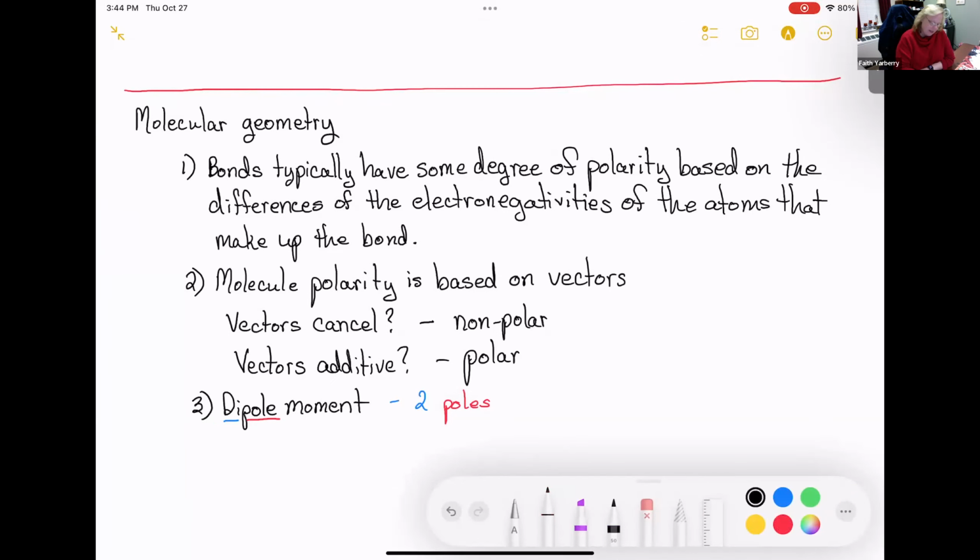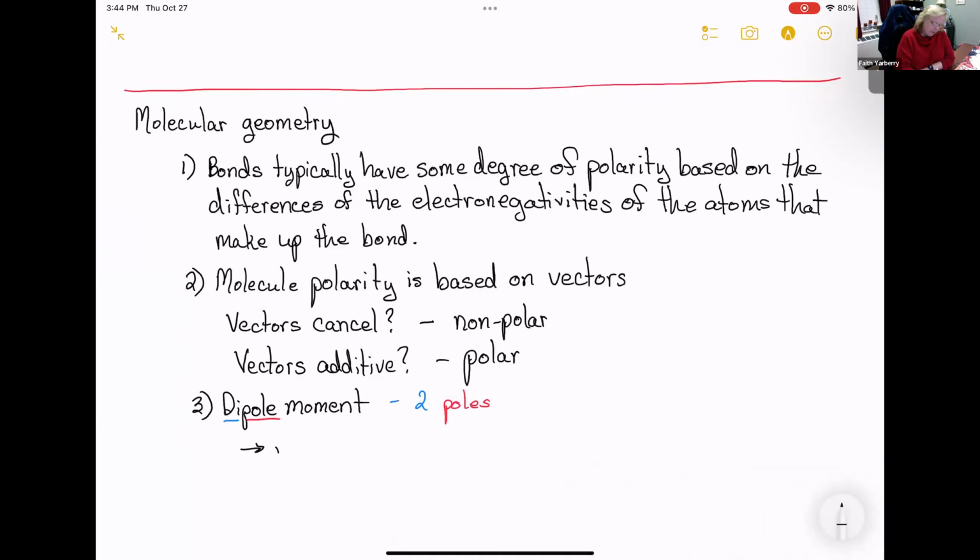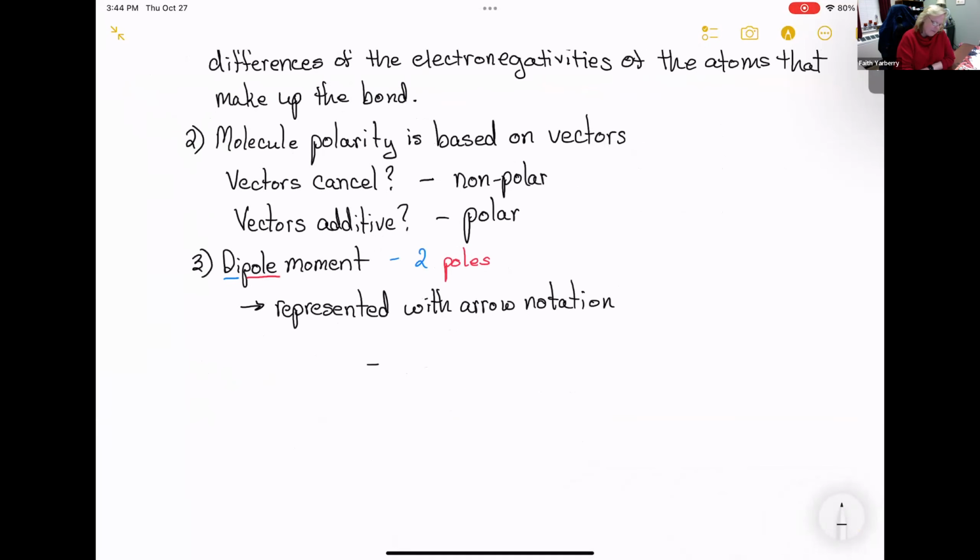Now, dipole moments are represented with an arrow notation. And again, it can be within the bond or within the molecule.